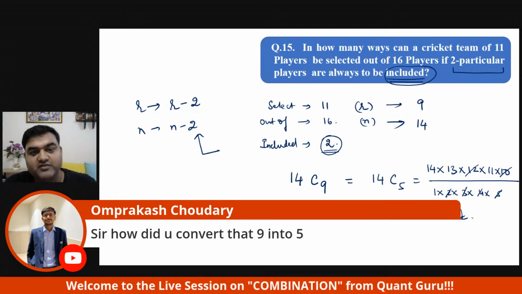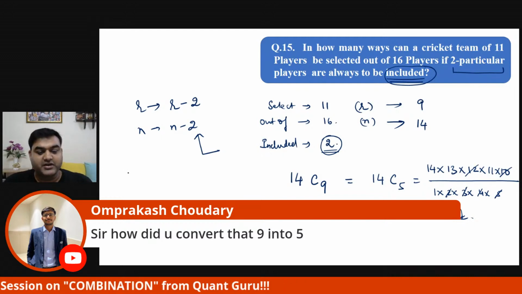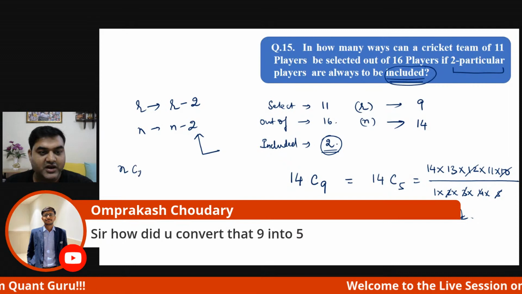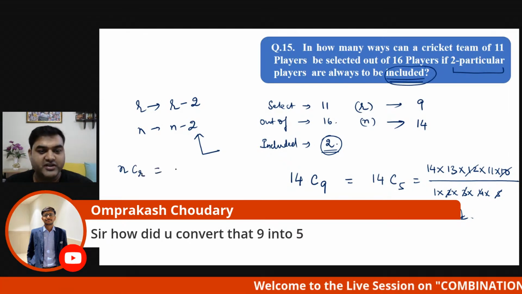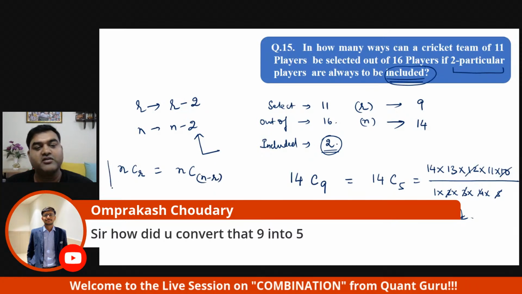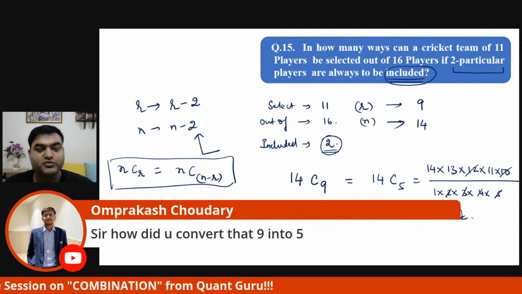Sir, how did you convert that 9 into 5? Okay, so what I have done, if you remember last time I told, NCR can also be written as NCN minus R. This is one property of combination on which we have done some sums also.